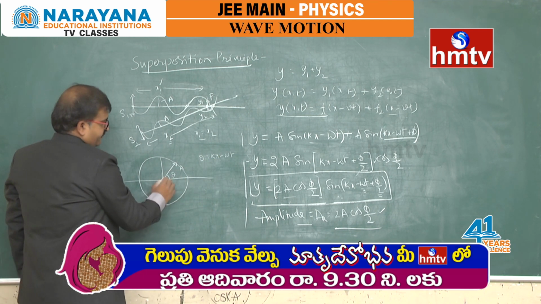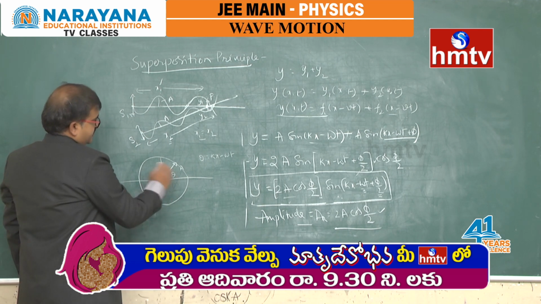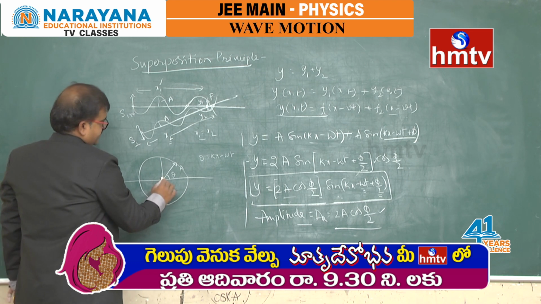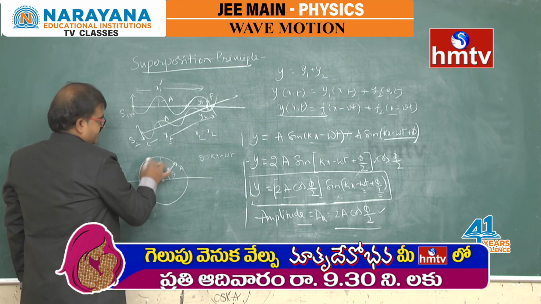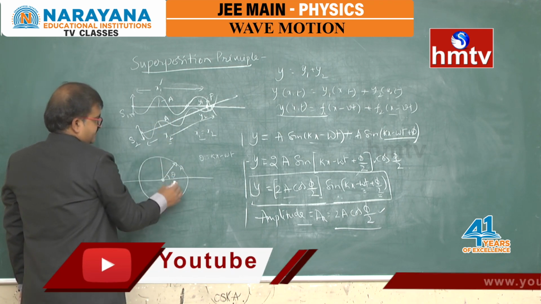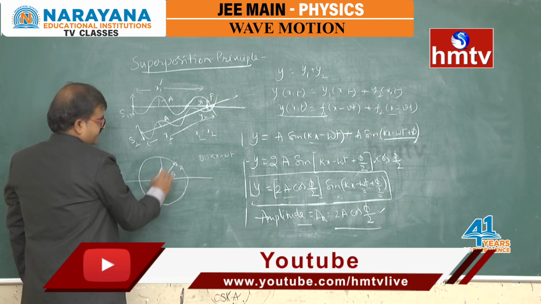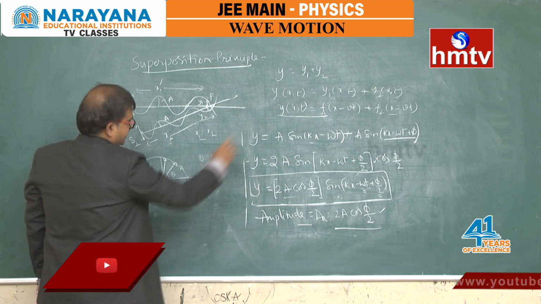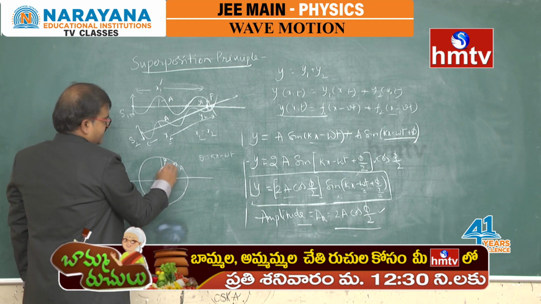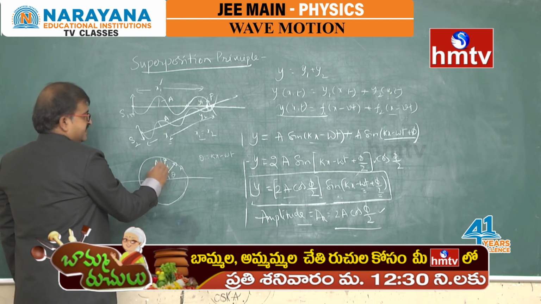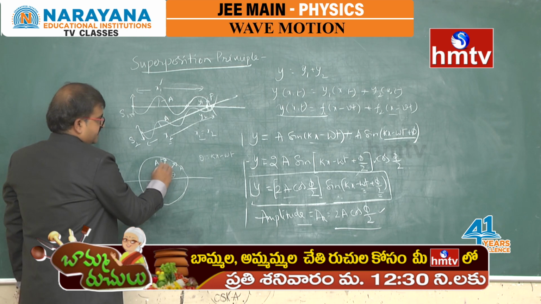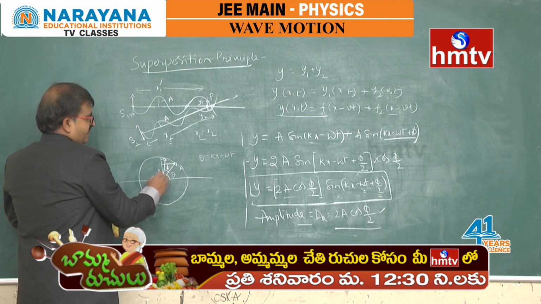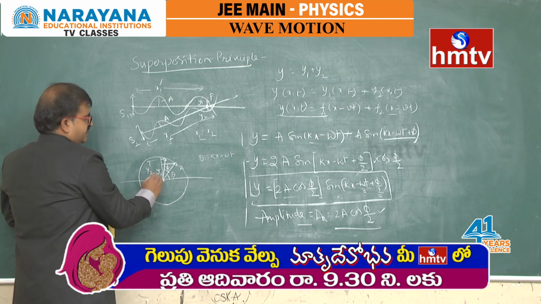This is the phasor diagram, generally. For the second one, the amplitude is the same, A itself, but the angle is kx minus omega t plus phi, so this angle is phi. Corresponding to these, you get the displacements y1 and y2.